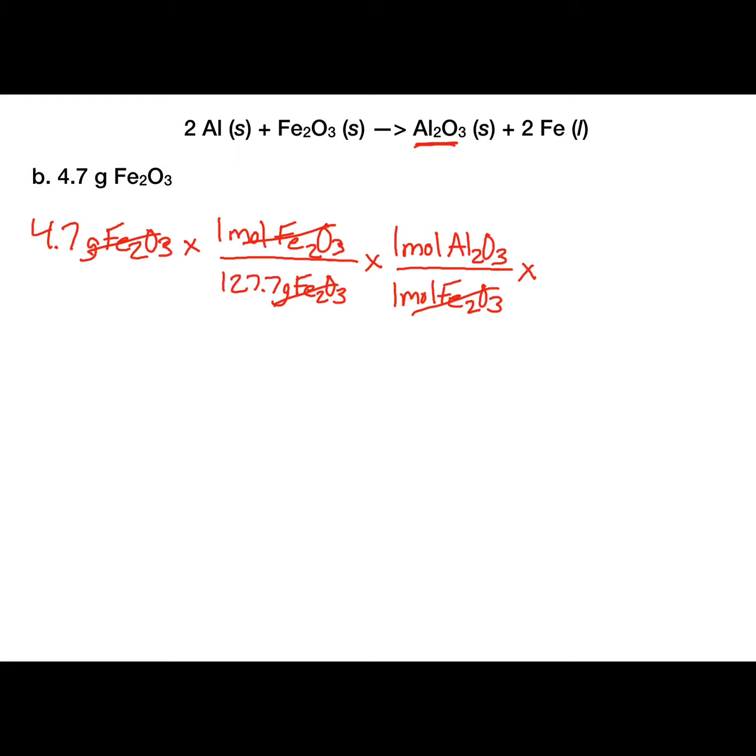To do this, we need to do the formula mass. So we have 2 times 26.98 plus 3 times 16, and we get 101.96 grams. So we have 101.96 grams of our aluminum oxide per 1 mole.